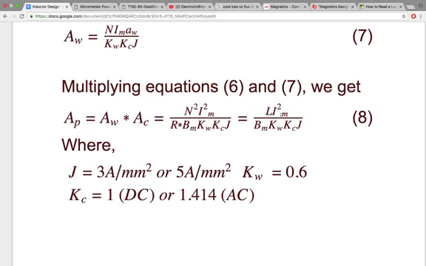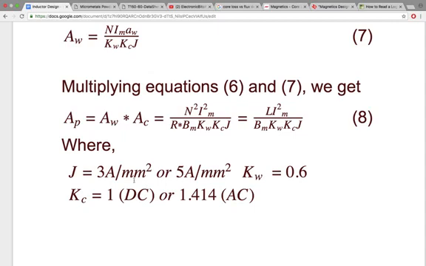We know inductance and current rating, and kW you can choose according to your need. Kc we will know; for DC you can choose 1. If you want to do some calculations, you can still find the ratio of maximum by RMS, but choosing one will not alter our calculation by much, because DC's RMS and Imax are close.